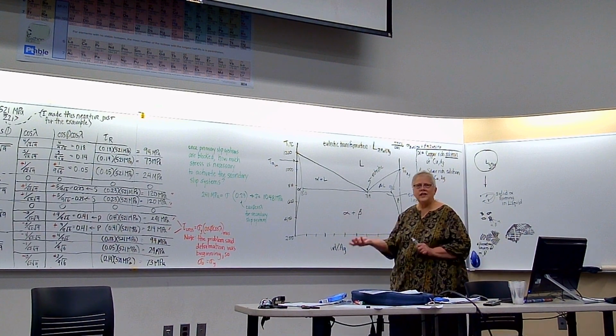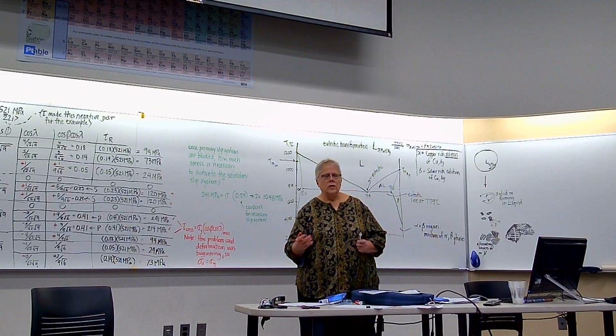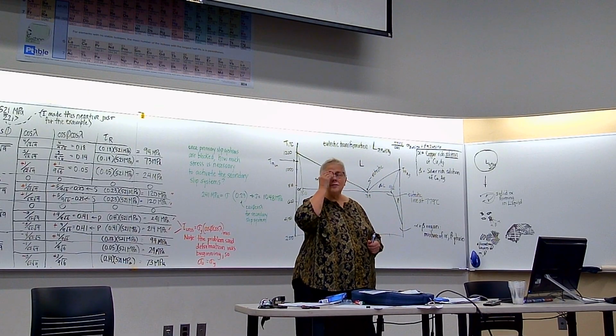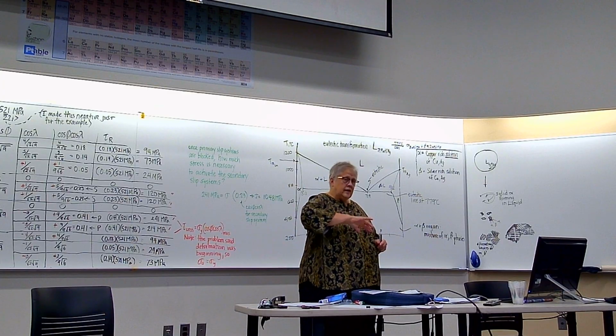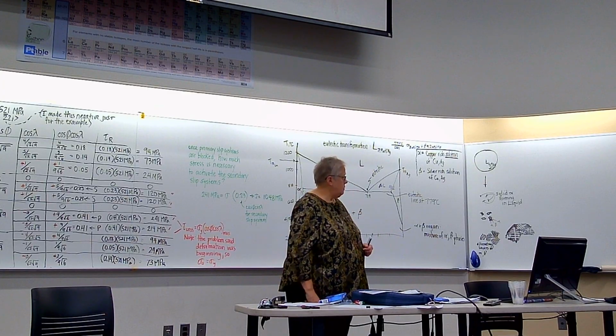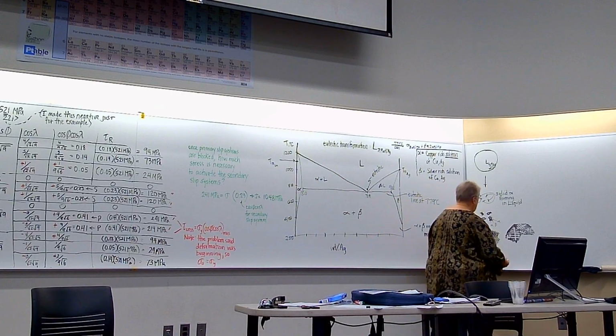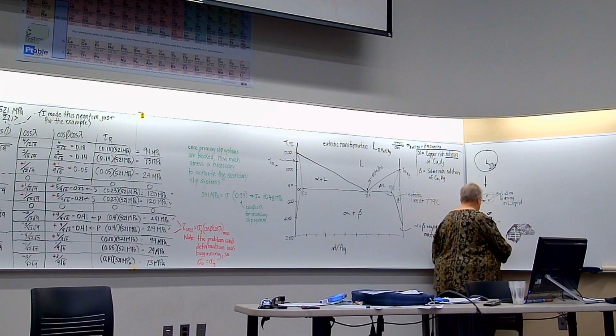So instead of alternating layers, one of the phases is growing in this kind of Christmas tree-ish looking shape, and it's surrounded by the other phase. So white could be alpha or beta, black would be the other.